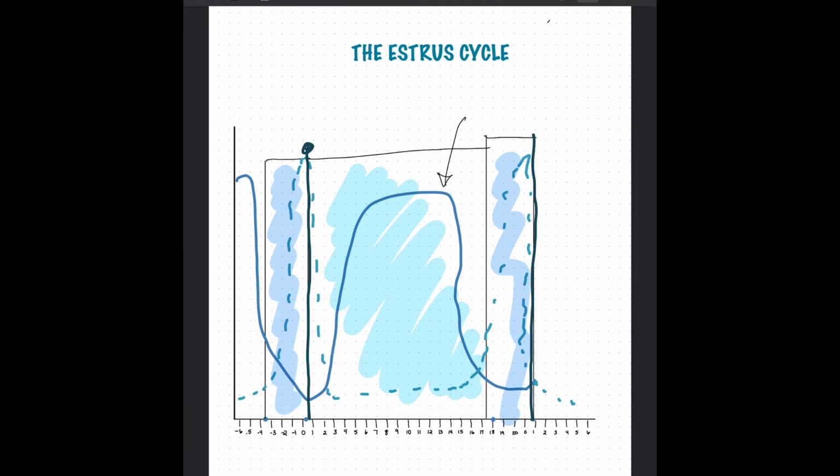So proestrus would occur before estrus, and estrus occurs right before ovulation. So this would be proestrus, and this would be estrus. And then you'd have ovulation, and then metaestrus here. And then you'd have diestrus.